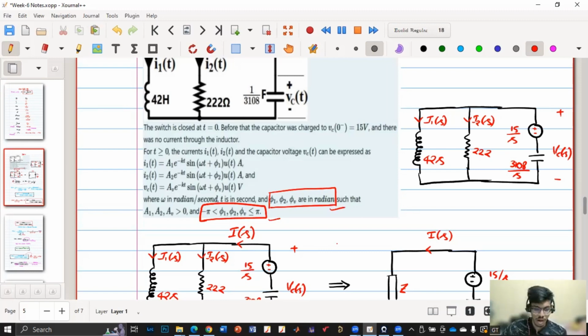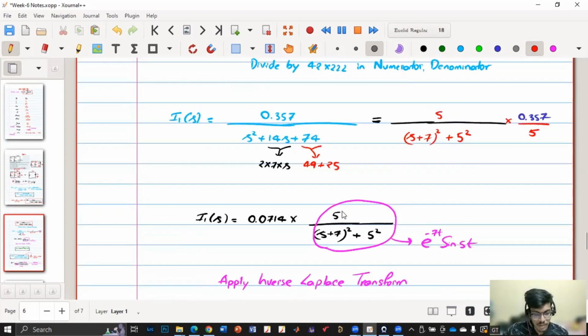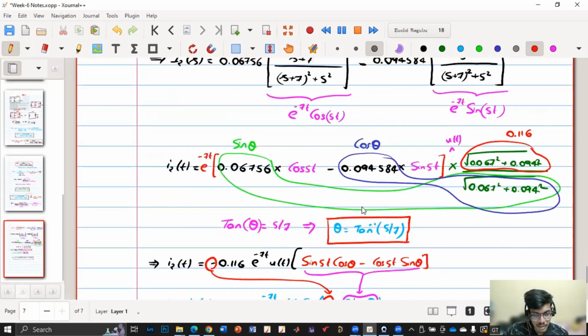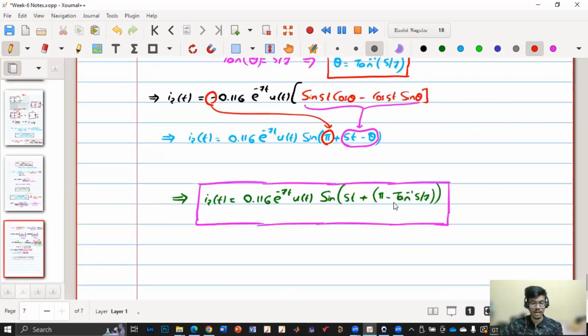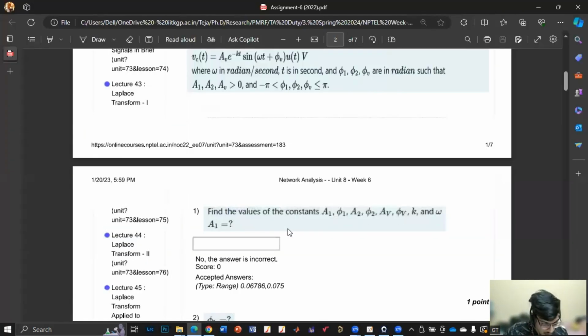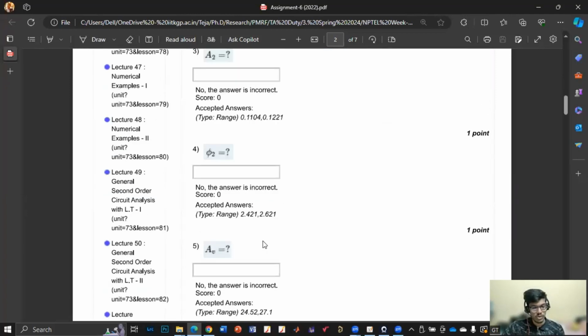So our value is pi minus tan inverse 5/7, which is less than pi, of course, and it will be 180 degrees minus tan inverse 5/7 degrees. Then in order to convert to radians, you have to multiply by pi by 180. So I think you'll be getting 2.52. Let me check. 2.52. So phi 2 you'll be getting 2.52.